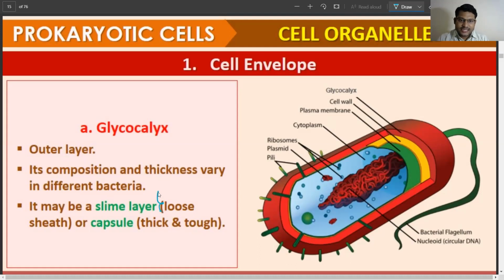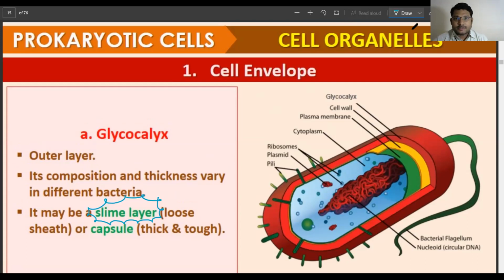Just a second, is there any problem? Joining request. I think I have disabled this. Let's check again.